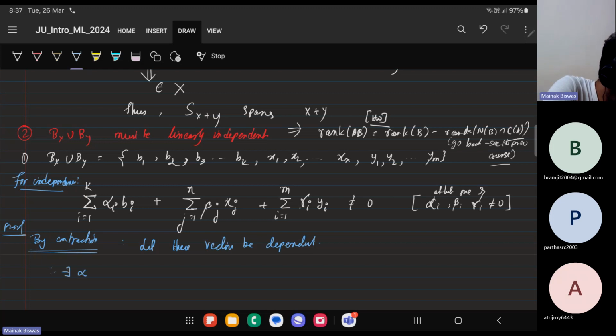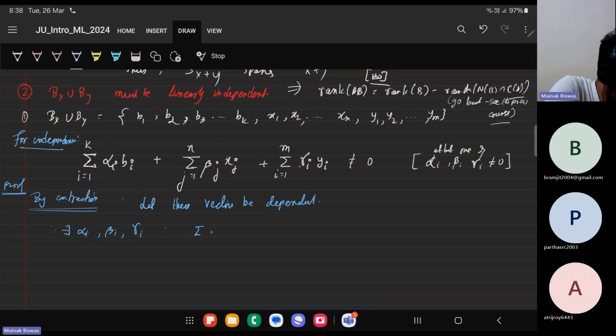Therefore, there exist alpha i, beta i, and gamma i such that summation of alpha i, i equal to 1 to k, bi is equal to summation j equal to 1 to n of beta j xj plus... right?